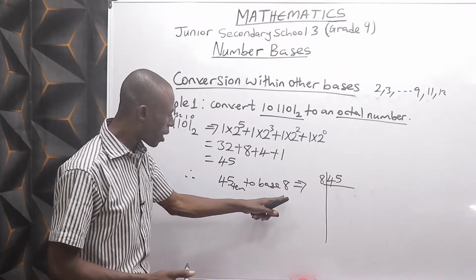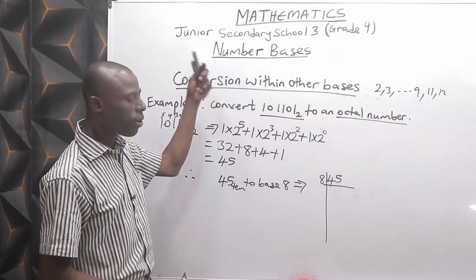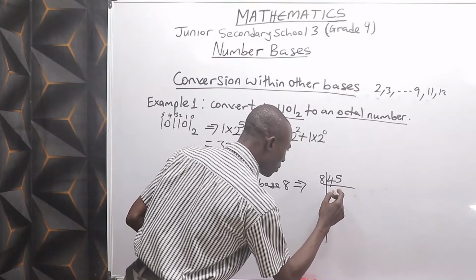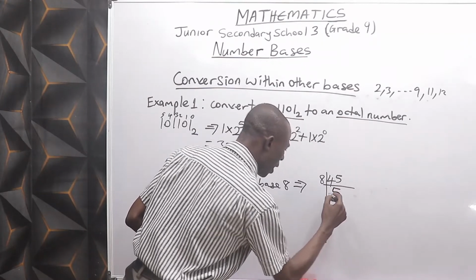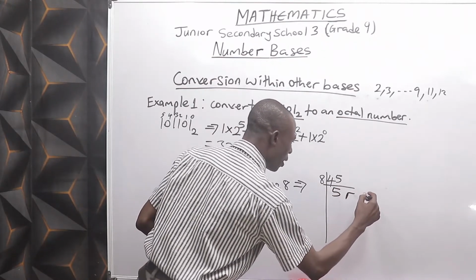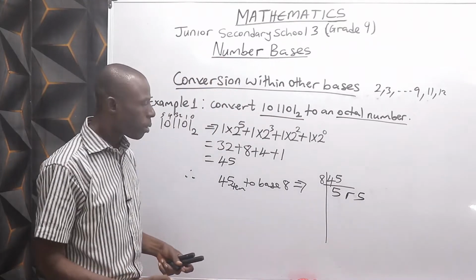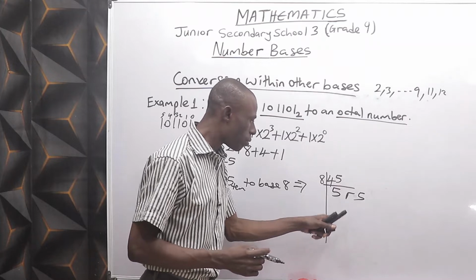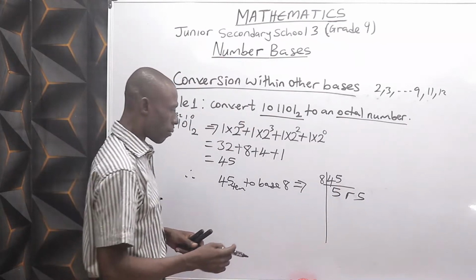This refers you to one of the previous subheadings we have considered. 8 in 45, that is 5, because 8 times 5 is 40. Subtracting 40 from 45, you have the remainder 5.